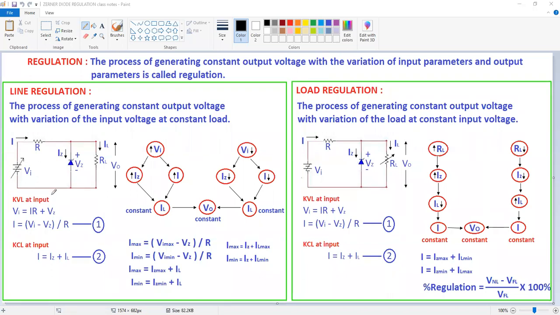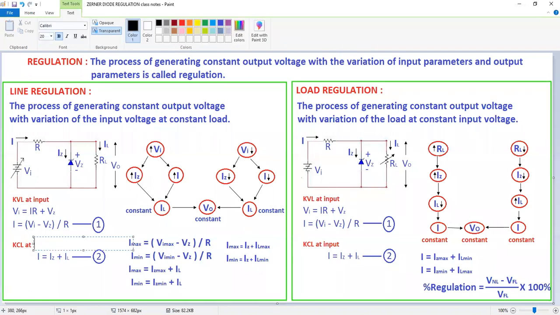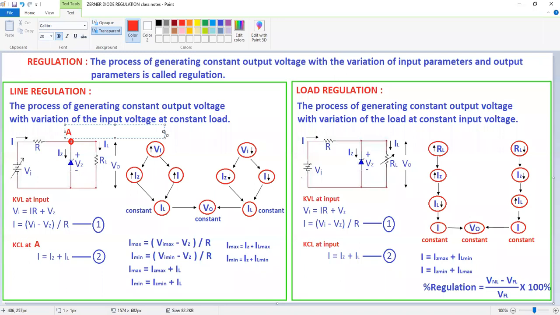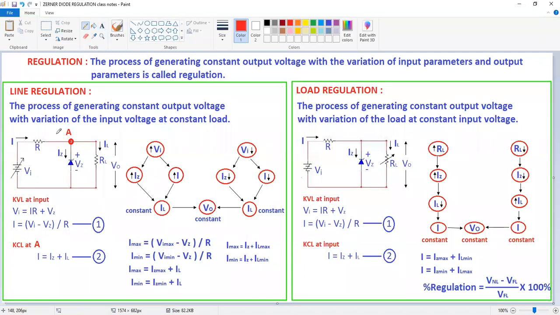Similarly, I am going to write the KCL equation at node A. I am assuming this node as A. If you apply the KCL at this node, current I is entering the node, and IZ is going away from the node.